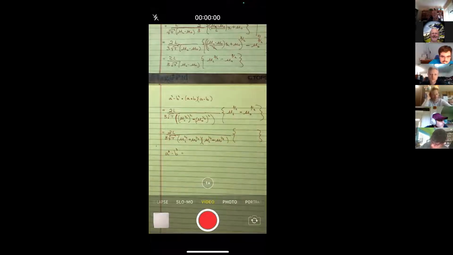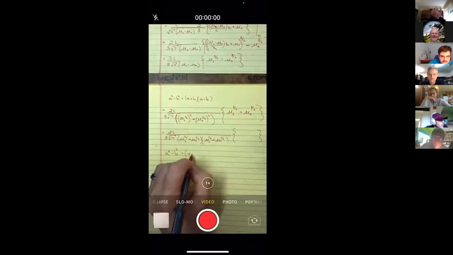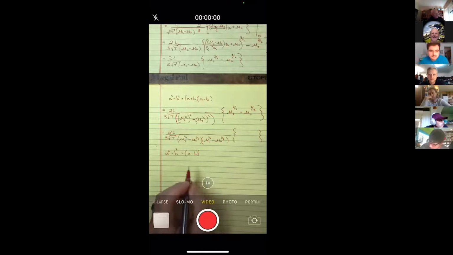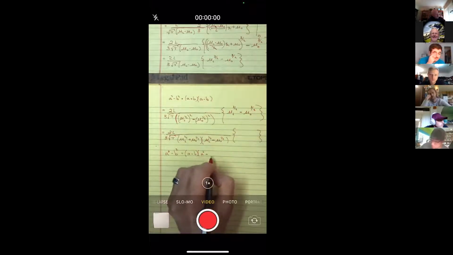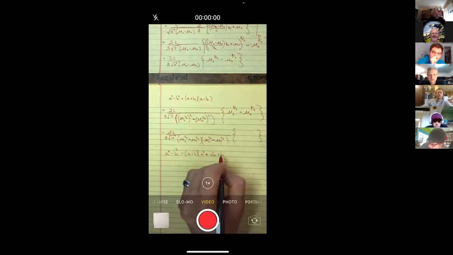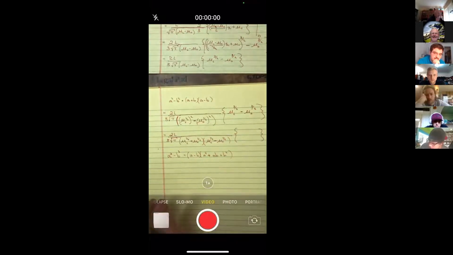The difference between two cubes, and I'm going to have to think hard on this one, is a minus b, and then an a squared plus, and I remember it as an ab, but I think we're going to want to write the b squared first. And I'm pretty sure that's it, but I need to take a second to multiply this out to see if it is true. So let me do that.